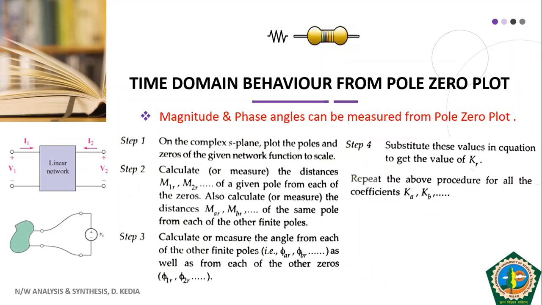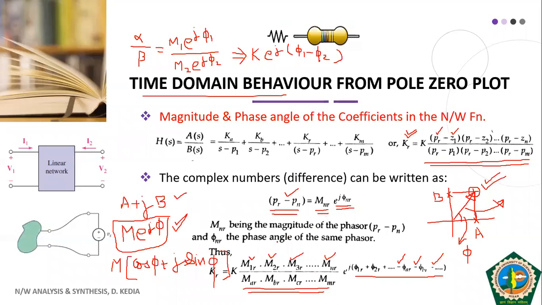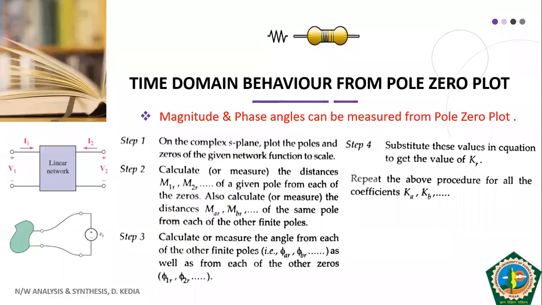You have to find out the magnitudes of the zero part, obtain the magnitudes of the pole part, and obtain these phase angles, and with that your job will be done. Okay, so these are the steps which I have already explained.